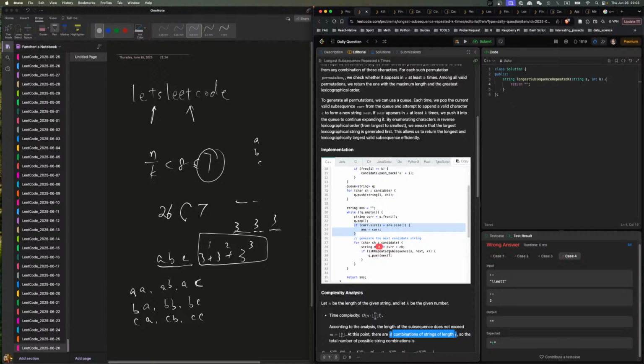At each length, at most we have 26 characters. So what is this? I forgot the formula. It's a to the 1 plus a to the 2 plus a to the 7, because that's the most you can get.